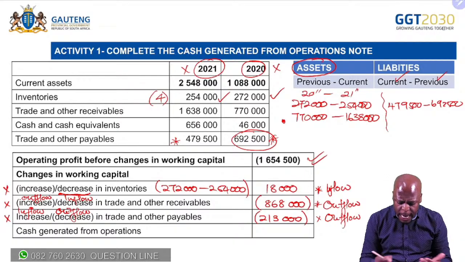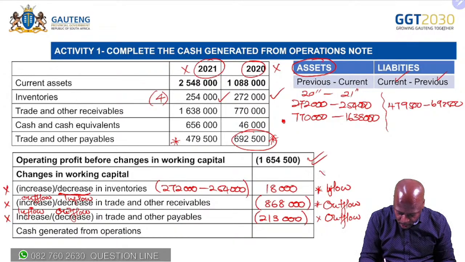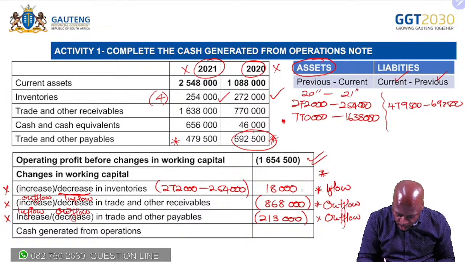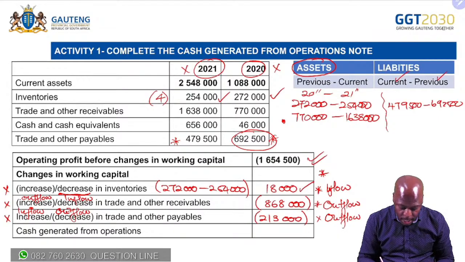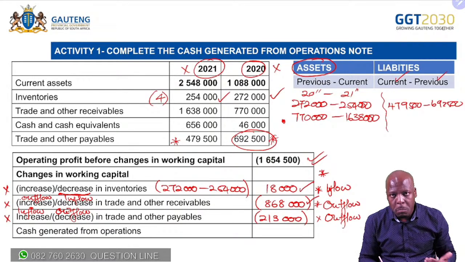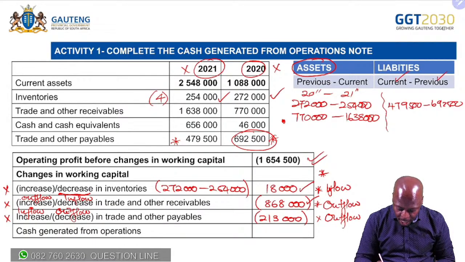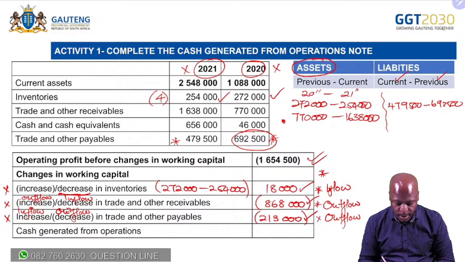Now, when I have these three aspects, I then need to get what we call my changes in working capital. So, have your calculator, guys. I'm now going to say 18,000, which is a positive 18,000. And then you say minus 868,000, because it is in brackets. Minus 868,000. Then I also come and say minus 213,000.